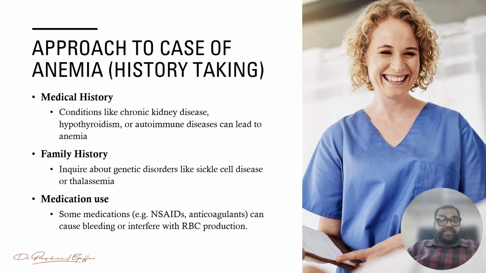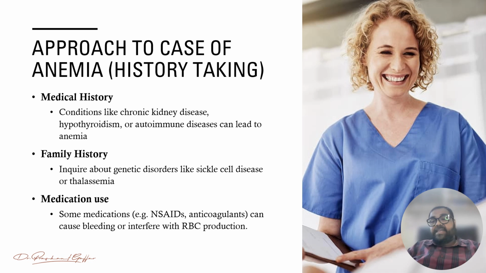So some medications like NSAIDs or anticoagulants are responsible for developing anemia, causing bleeding and interfering with RBC production, right? So this is the history taking. We have to cover all points to rule out what may be the cause of the anemia.